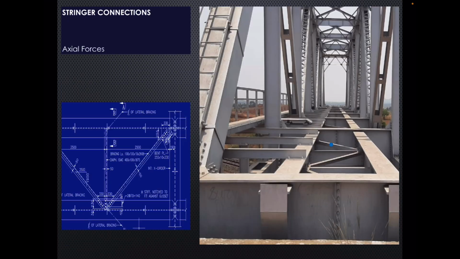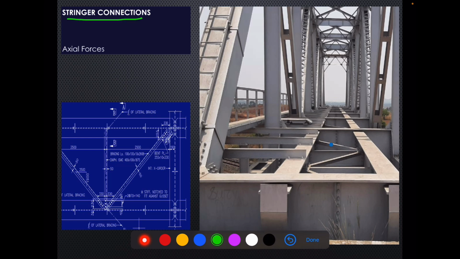Then let's see stringer connections. As we have seen earlier, stringers are always in pair, and these two stringers are well connected with each other. Typically in the middle they are connected with the help of this channel section ISMC. This is ISMC here.